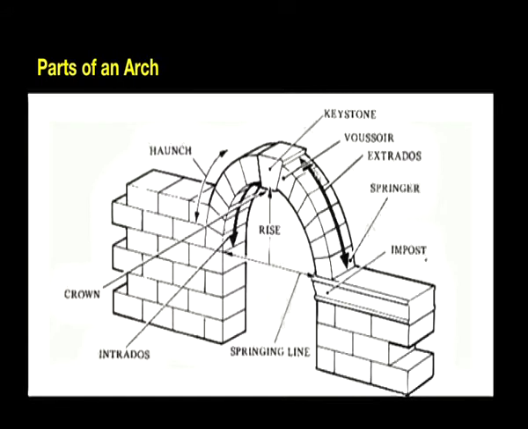The upper side of the arch is called the extrados and the inner surface of the arch is called the intrados. There is a line that connects the two points where the arch begins, this point here and this point here. This line is called the springing line.